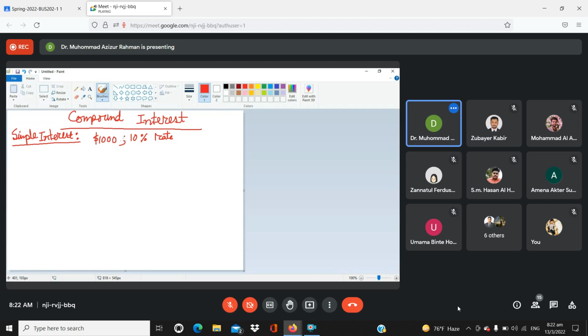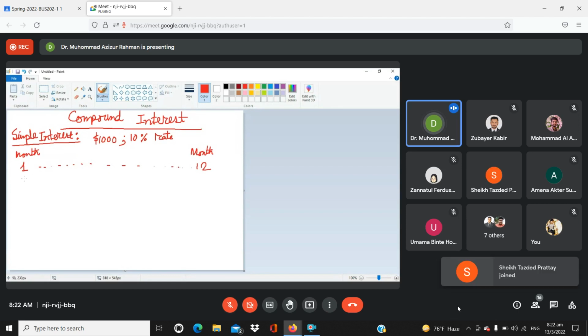So in a simple interest rate, you are dealing with months, for example month 1 to month 12. Is the duration 1 year, right? So if you are investing, this is your first month, this is your 12th month. After 12 months, what do you get?